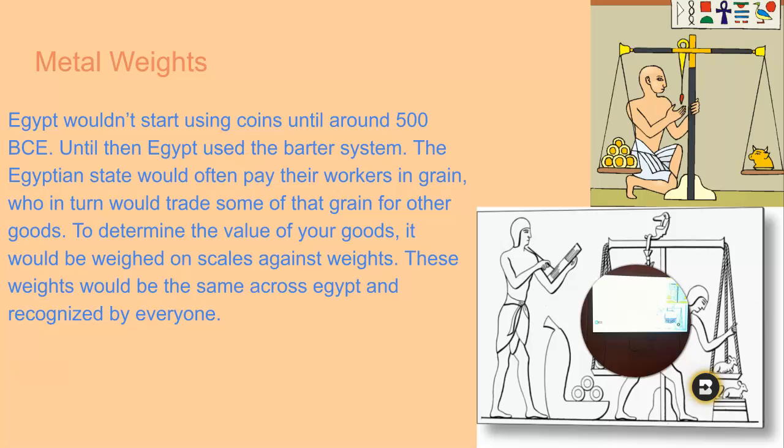The Egyptian state would often pay their workers in grain, who in turn would trade some of that grain for other goods. To determine the value of your goods, it would be weighed on a scale against weights. These weights would be the same across Egypt and recognized by everyone.